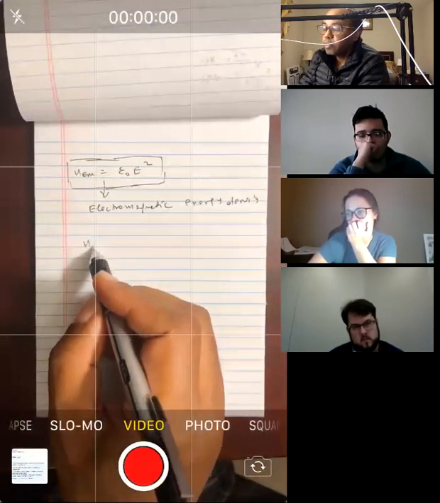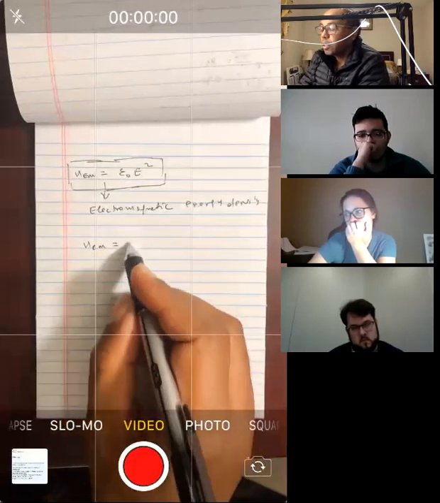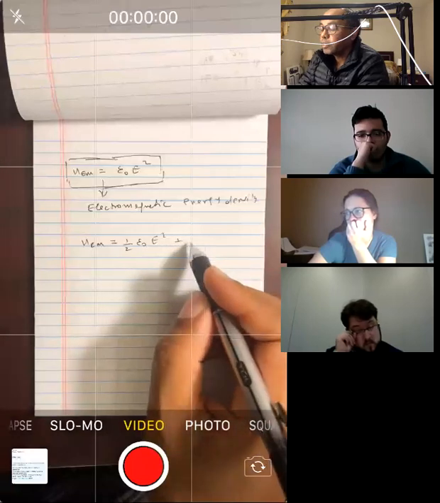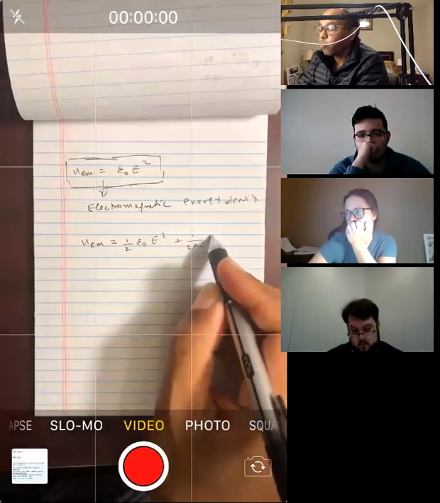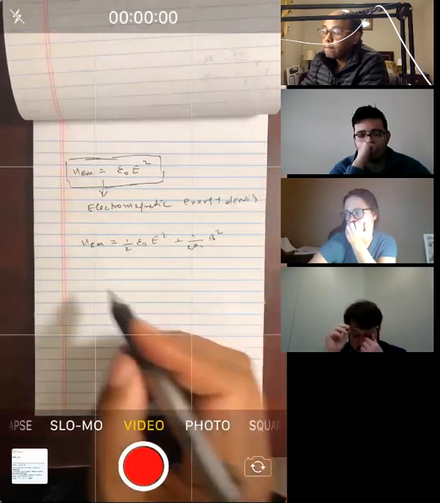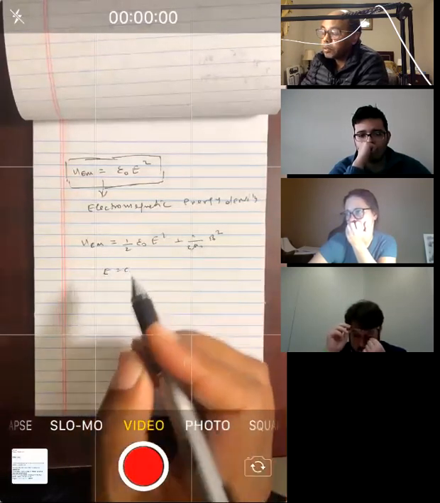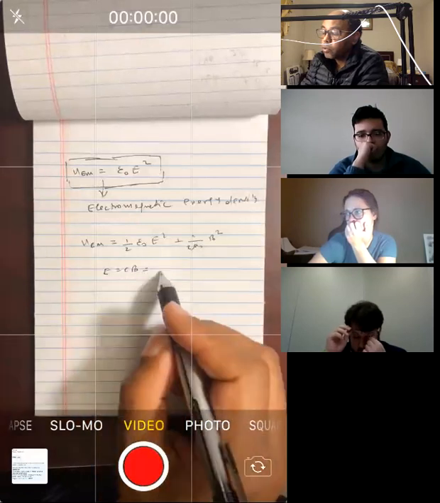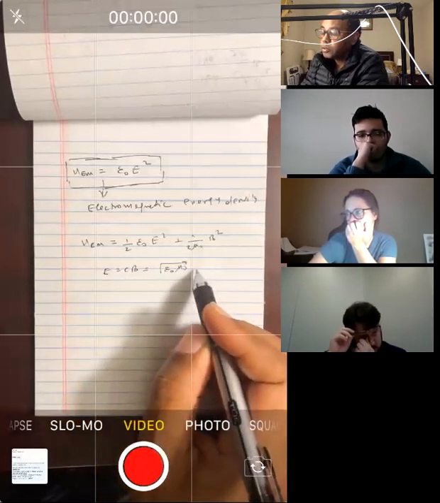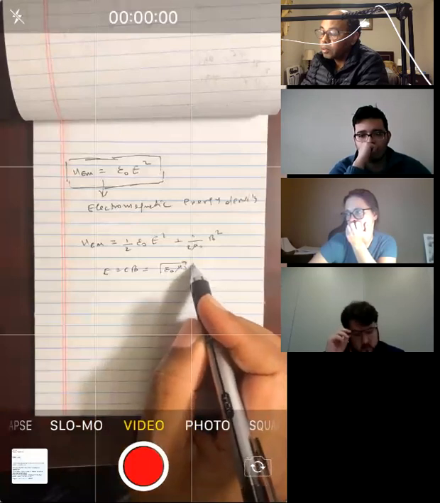So we have the electromagnetic energy density equals half epsilon E squared plus 1 over 2 mu naught B squared. Now instead of substituting for B, substitute for E. But E is C times B, right? Which is square root of epsilon mu naught times B, right?